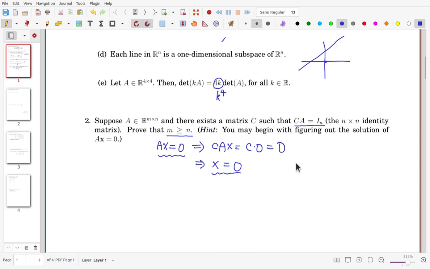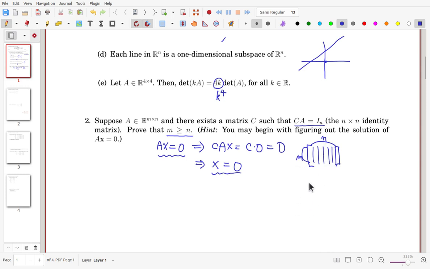That means if we draw the matrix, then each column has a pivot position, and for a homogeneous system, if it has only the trivial solution, that means there is no free variable, which means each column has a pivot. So for n columns, we have n pivots, and in order to do that, m must be larger than or equal to n.